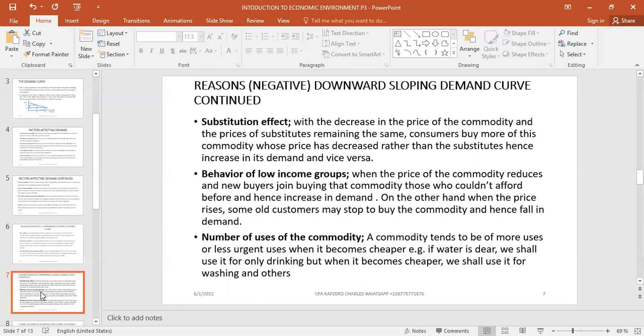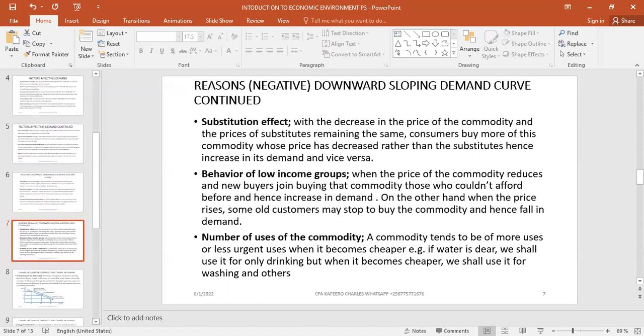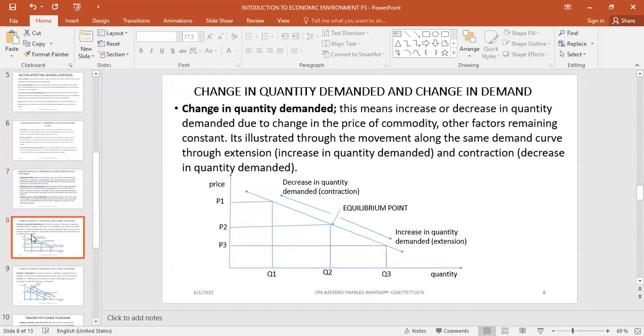By the time they use all that electricity for all of those things, you should also understand that even the rate at which they are consuming the electricity is going to be high, which makes them buy more units or more kilowatts of electricity, and that supports the negative slope of the demand curve. So allow me to go to the next one.